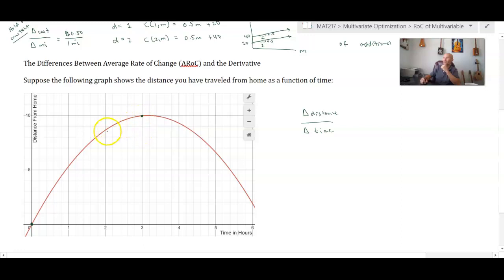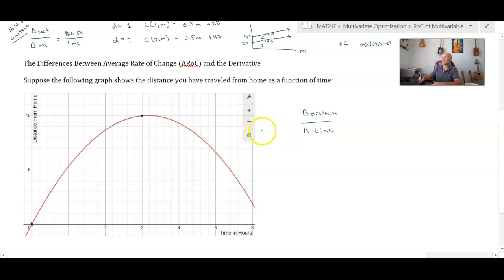Right? That change from here is roughly about 1.5 miles of distance. But we see that from time 0 to time 1, we did about 5.5 miles. And that's a much bigger speed. We were traveling faster at that point.